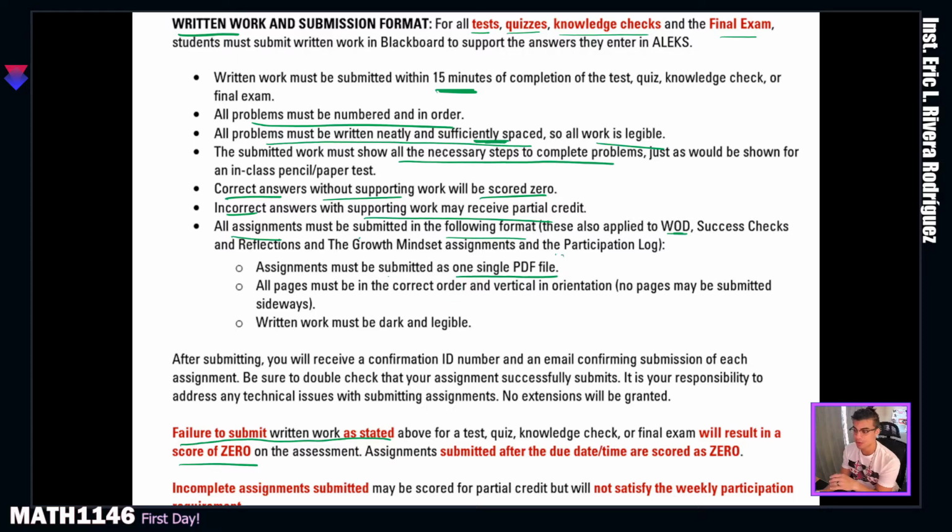If you need assistance on how to create those PDF files, I'm going to show you a few tricks today. But I'm willing to meet with you one-on-one to show you how to create PDF files that are going to be acceptable for the class.